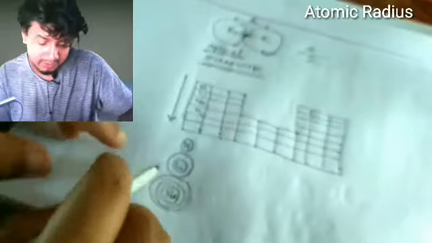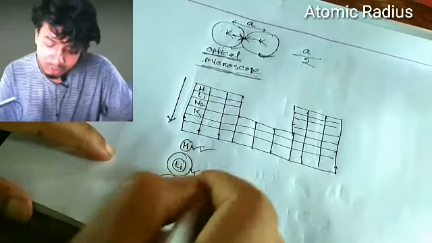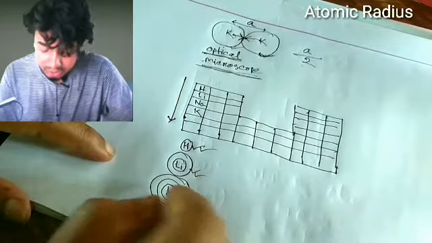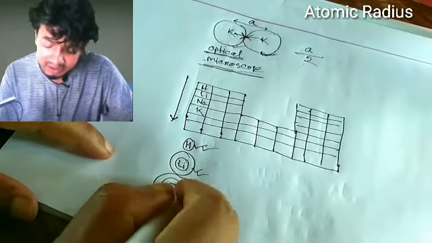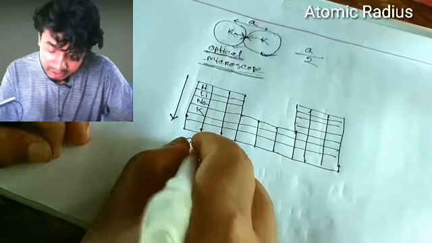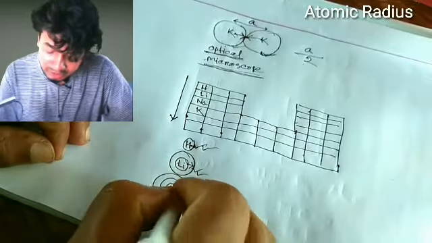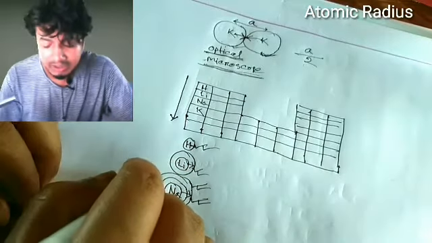One thing you can notice is that hydrogen has one shell, lithium 2, sodium 3. So one thing increasing is the shell number, and the atomic radius is also increasing with the shell number.